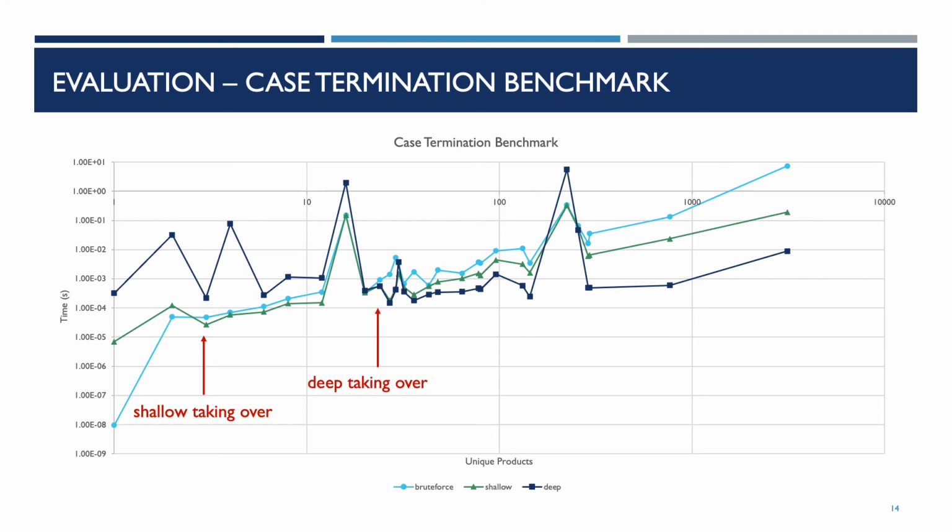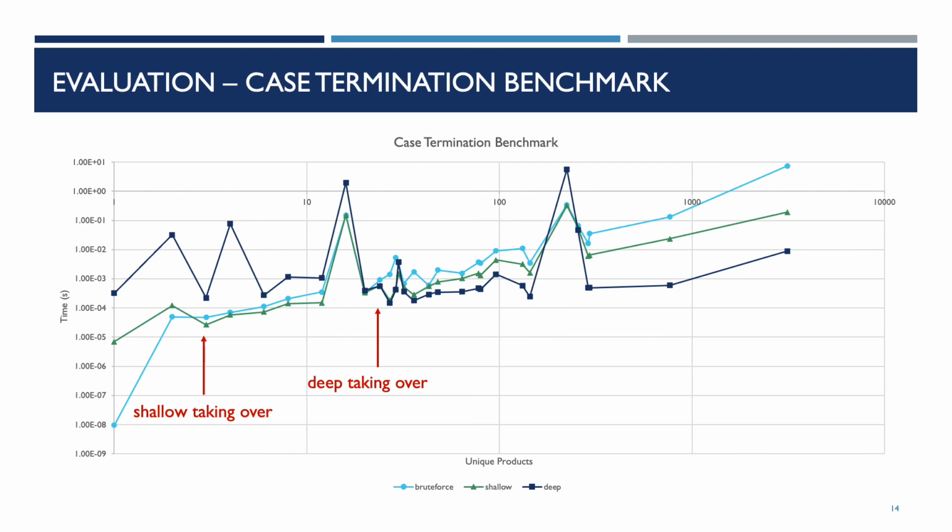And when we reach the point of about 30 or 40 product variants, deep lifting starts outperforming both. And with the exception of the outlier we see at about 300 variants, this behavior goes steadily.